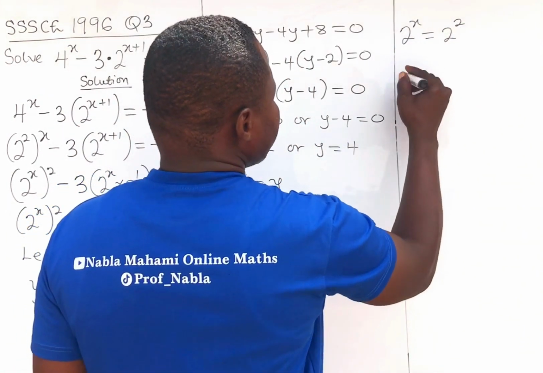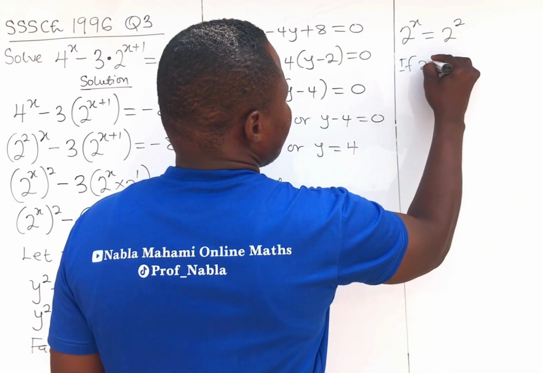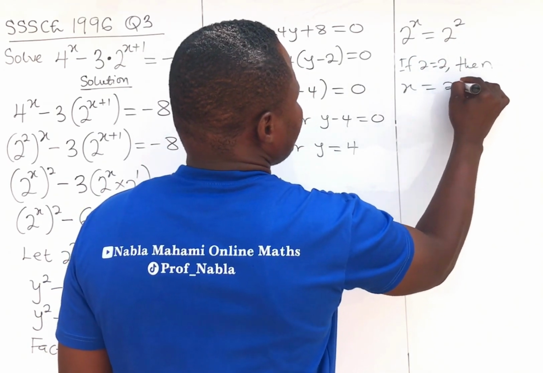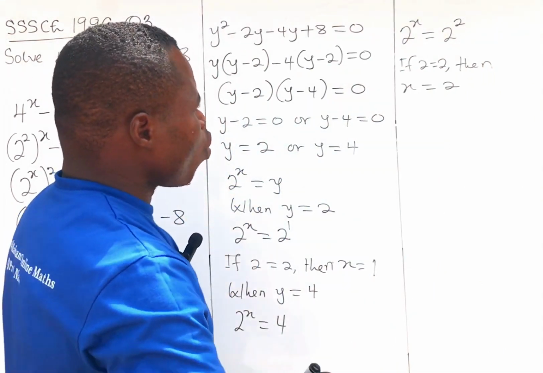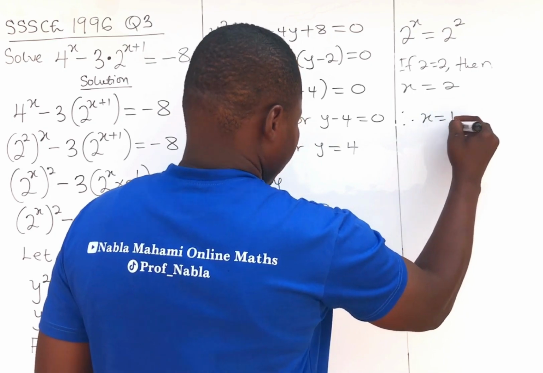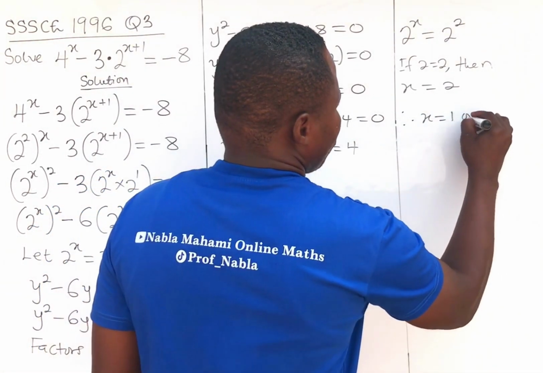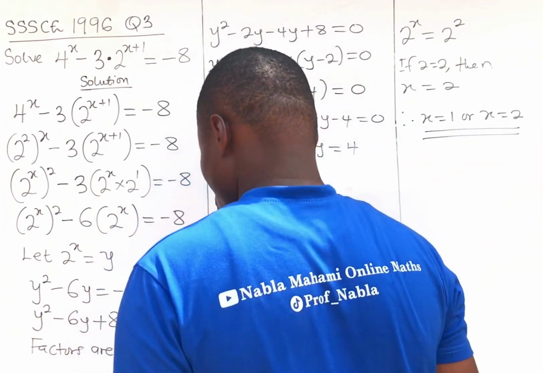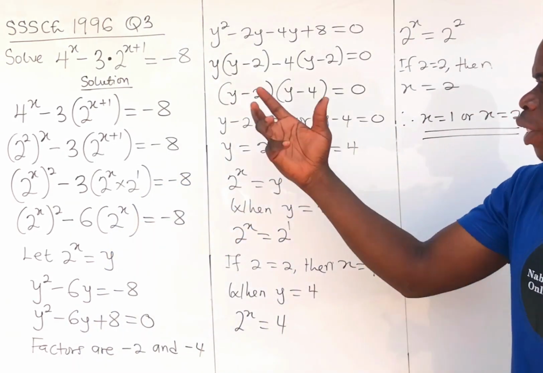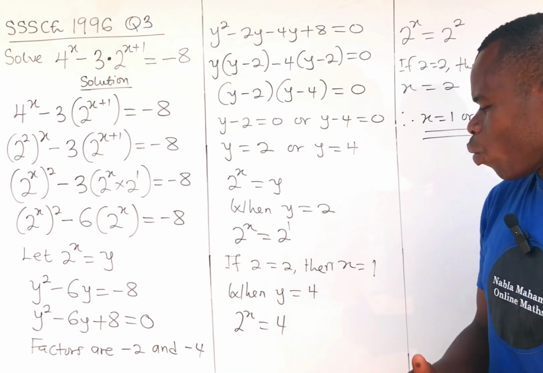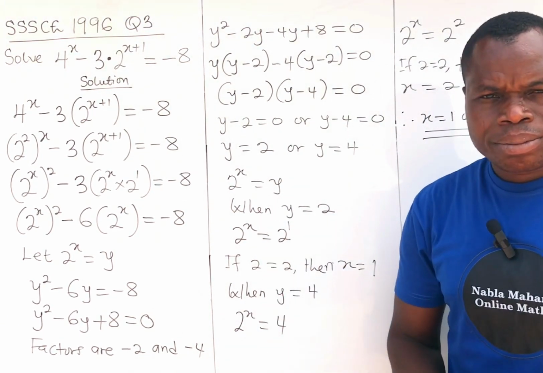And if the bases are the same, if 2 is equal to 2, then x is also equal to 2, I mean the powers. And we'll conclude by saying that, therefore, x is equal to 1 from here, or x is equal to 2. And this was the ideal solution for this question in 1996 elective mathematics theory question 3.